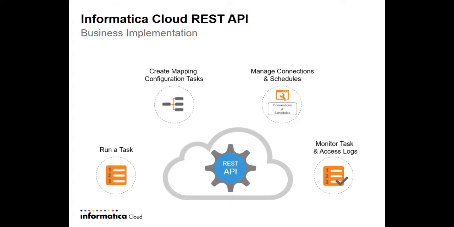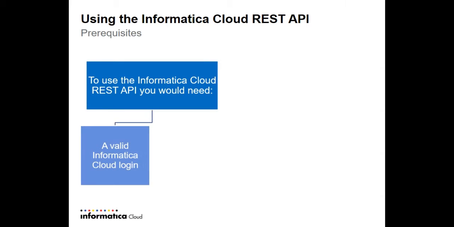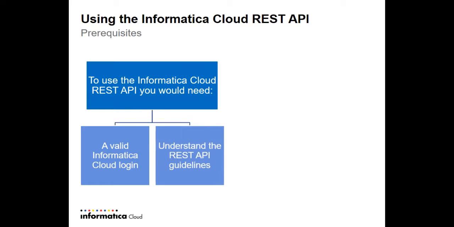As mentioned earlier, these tasks can be executed using the Informatica Cloud REST API from a third-party application and will not require the user to log in to the Informatica Cloud org to manually execute these tasks.